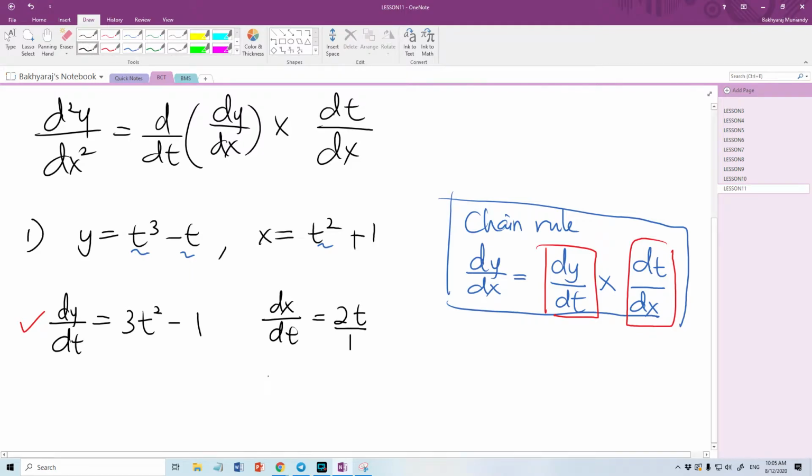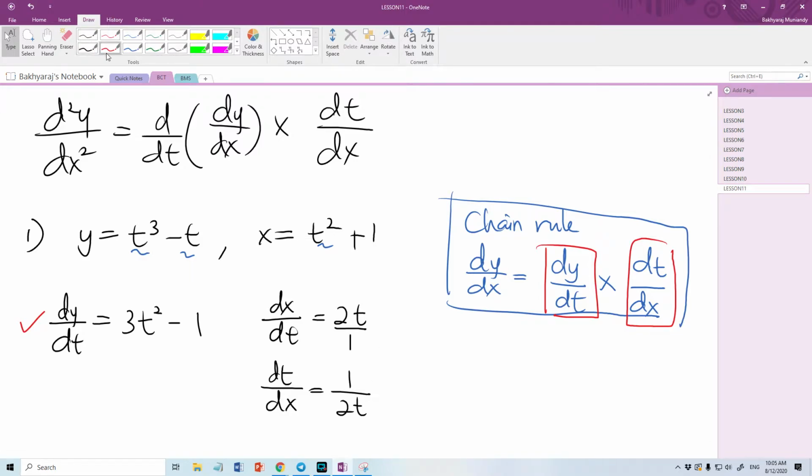So my dt over dx will equal 1 over 2t. I just make it a reciprocal.